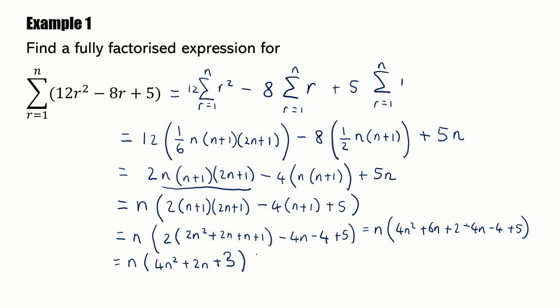And then once we have that, it's worth pointing out that you would then try and factorize the quadratic that we've got there, if you can do that. Now, funnily enough, in this particular case, this is a quadratic that doesn't factorize. So actually, in this case, we've reached the final answer. That is it in fully factorized form, but sometimes you can factorize it more because the quadratic you have is a bit more nice. But there you go.